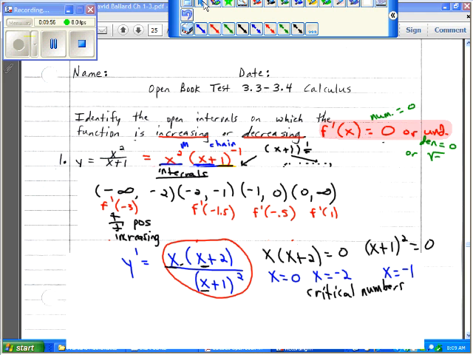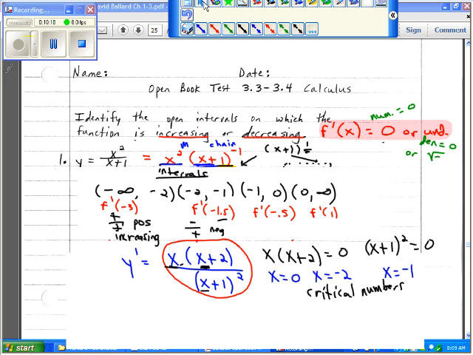So if we plug in the negative 1.5 into our derivative function, we're going to have a negative there, a positive there. A negative times a positive is a negative, over a negative in the bottom. 1.5 squared will be a positive. A negative divided by a positive is a negative.